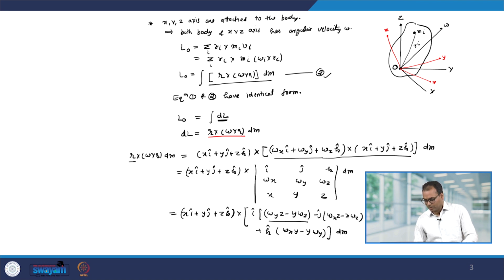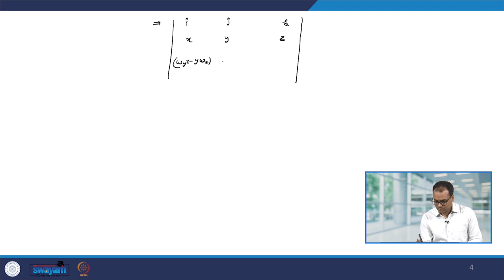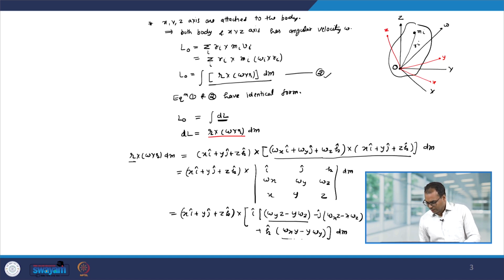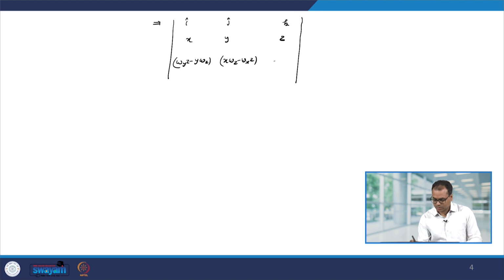So this I can write down as (x ω_z − ω_x z), and then the coefficient of k, which is ω_x y − x ω_y, and then we have dm.